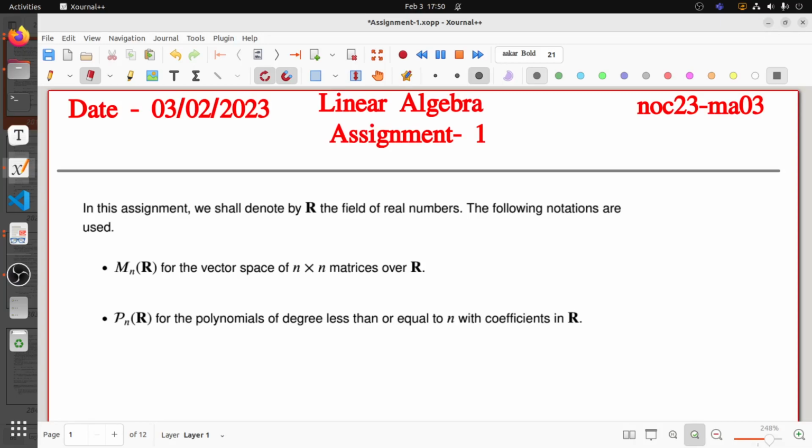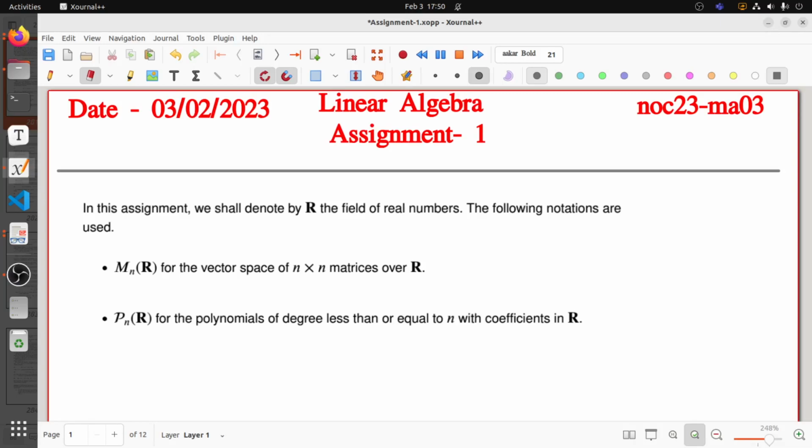This is distributive. Are all the properties satisfied, or does any property remain? What are all the properties?